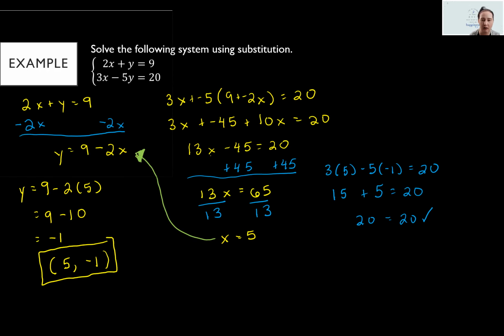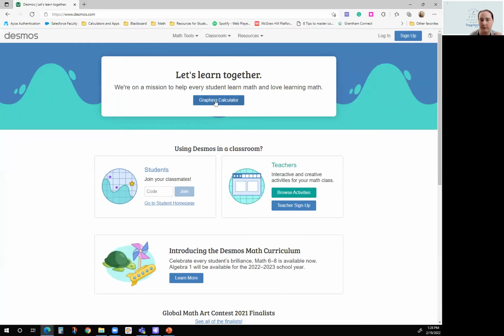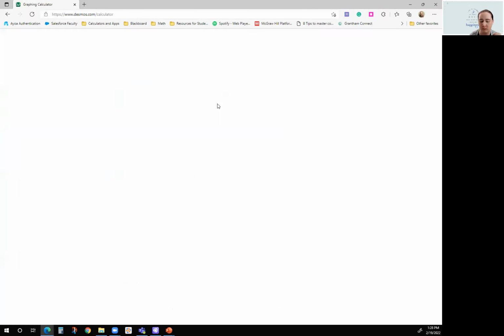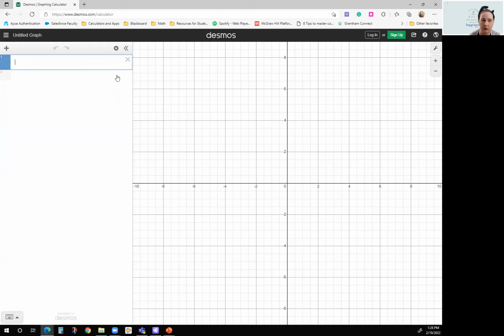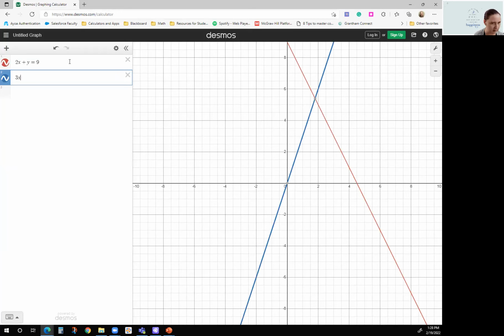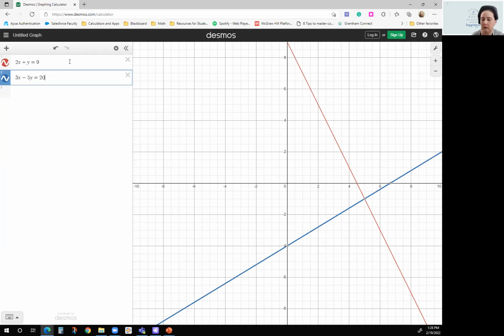But let me bring up Desmos here. When you're checking your work with graphing, you want to type in the original equations, not anything that you solved with. So you type in the very first equations that you have. So we have 2x plus y equals 9, and then 3x minus 5y equals 20.